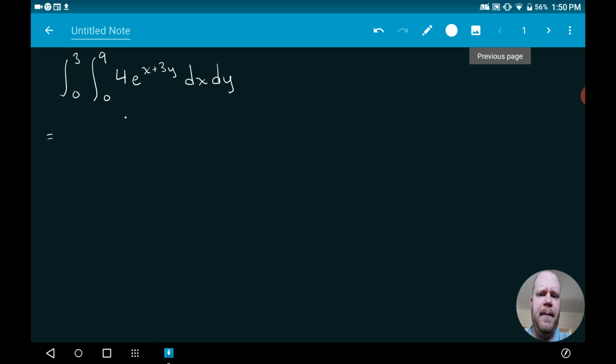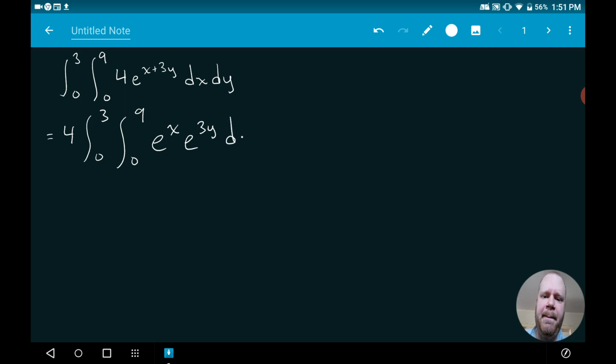This first one, I'm just going to go through, and I guess the first thing I'll do is take this 4 out. And then e to the x plus e to the 3y. It's not necessary to do this, but I think this makes the problem easier to understand what we're doing here.